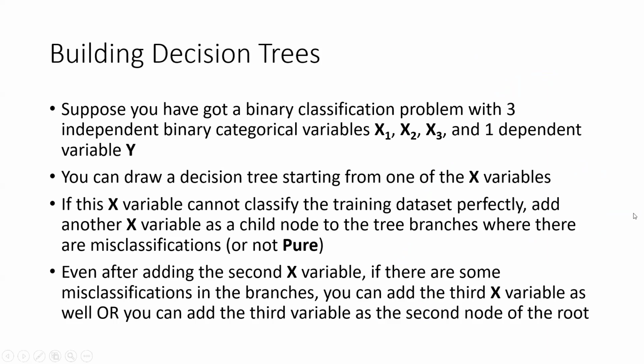In this case, for example, I have taken three categorical variables, binary categorical variables for simplicity, and one dependent variable, which is y. So now we can make decision trees out of these decision variables to predict that particular y variable.